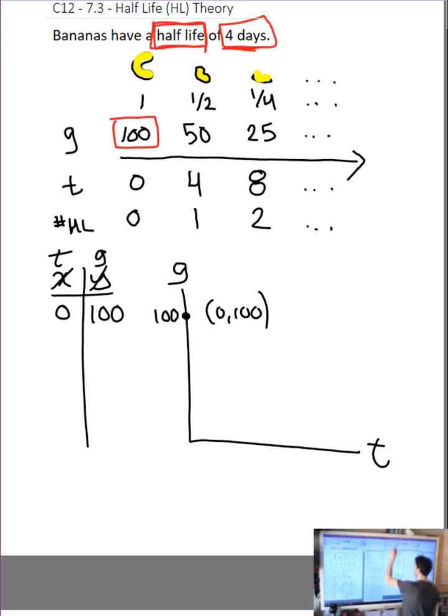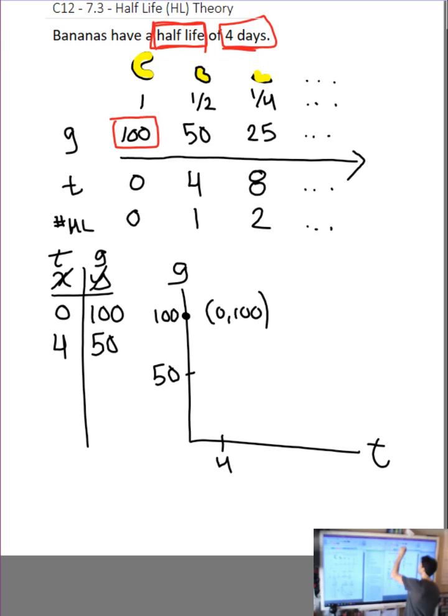Now my next point at 4 days, remember my half-life is 4 days, so that is what my table of values will go up by, and that will be 50 grams. So I can mark 4 on the timeline, I can mark 50 on the y-axis, and I can put my point there, and I can label my point.